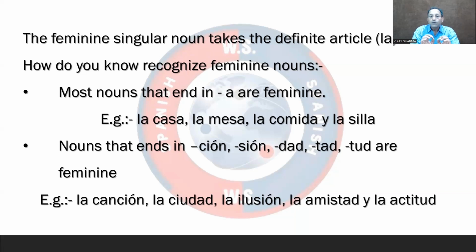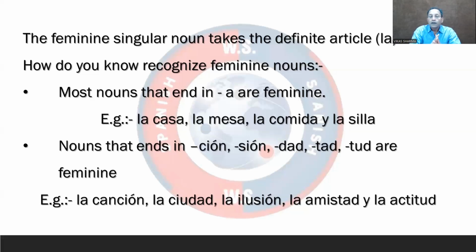Now, again the same question, how do you recognize feminine nouns? Again, there are a few hints, but they are not always the case. I prefer every student to use the dictionary and find out the gender of these nouns, whether they are masculine or feminine.